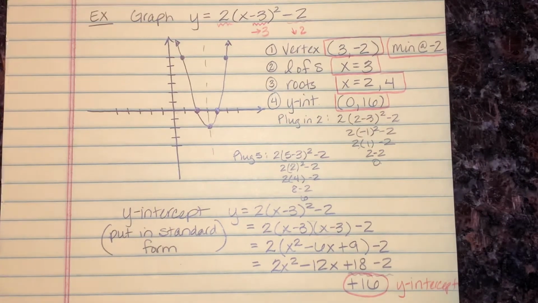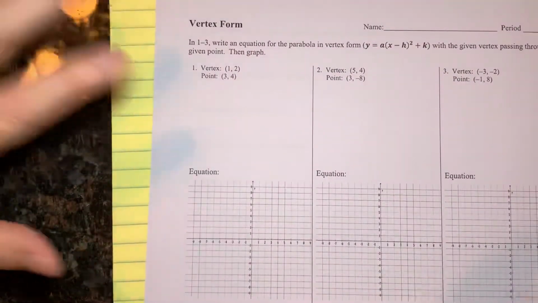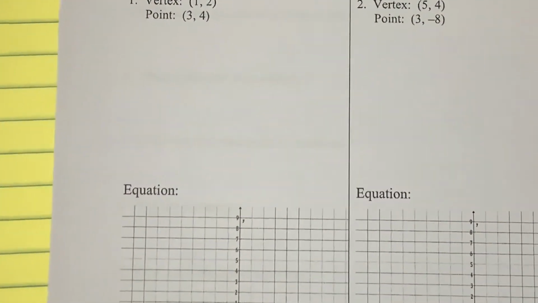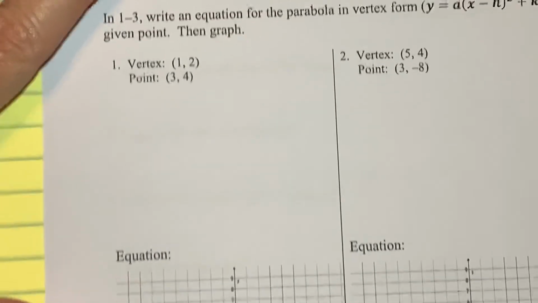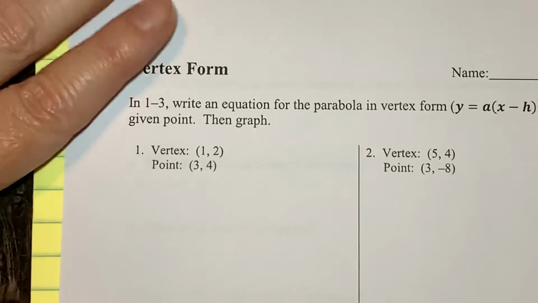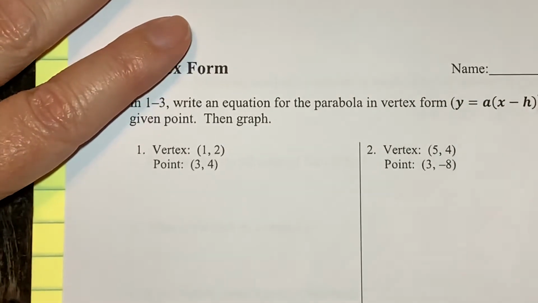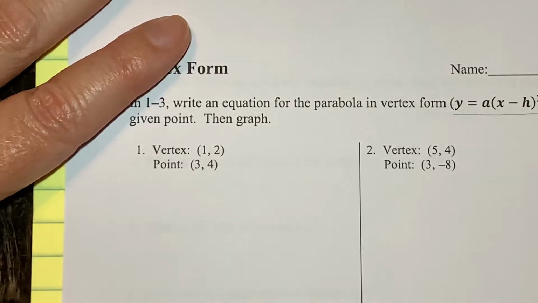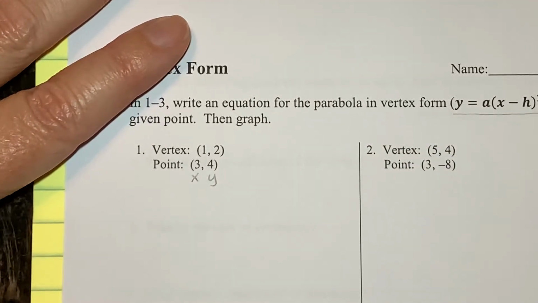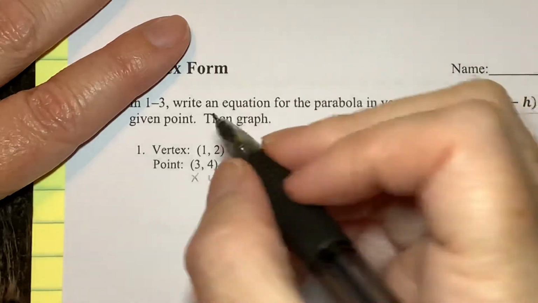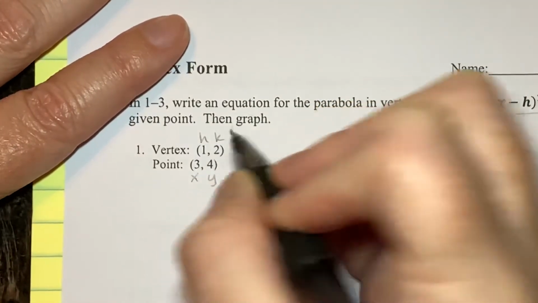So let's go ahead and just do the first problem here on your worksheet to remind you that you already know how to do this also, but we'll do this together real quick and we'll call it good. So the vertex, that's my (h, k), so here's my formula. A point is always given because it's (x, y), and we know my vertex is (h, k).